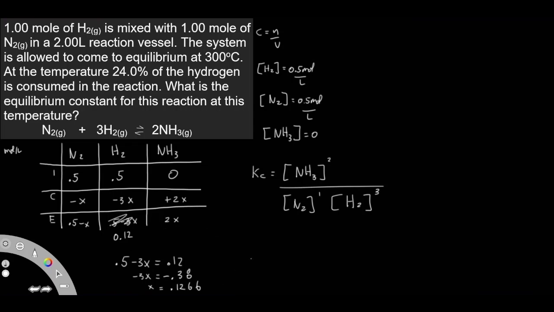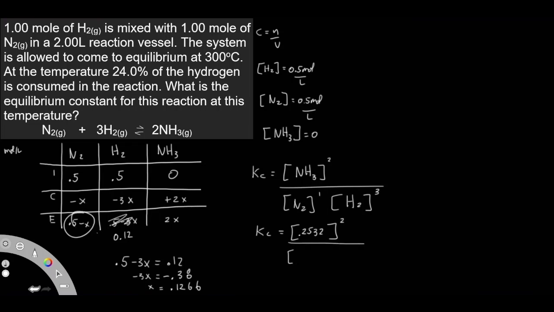Okay, so we'll do this as we go along. For our NH3, right over here, it's 2 multiplied by this x value. What do you get? I end up getting 0.2532. Okay, this is going to be squared. How about for my N2? Okay, where is my N2?